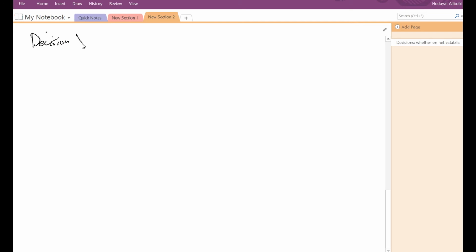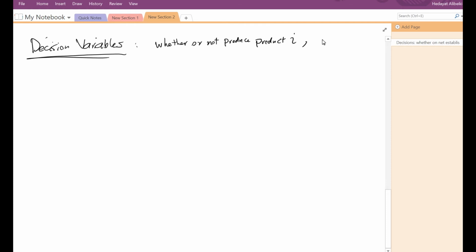The first question is whether or not to produce product i. Let me write it this way. Decision variables: whether or not to produce product i, and let's show it with yi, where i can be 1, 2, 3, and 4, sorry.